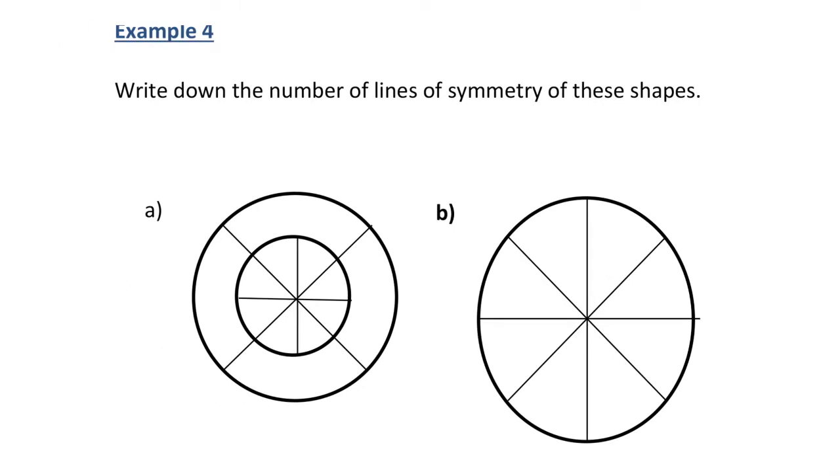Let's look at the next example. It says, write down the number of lines of symmetry of these shapes. We have two shapes there. The first shape is made up of two circles and several lines. If you look at the lines properly, you'll find that each of the lines passes through the center of the circle.